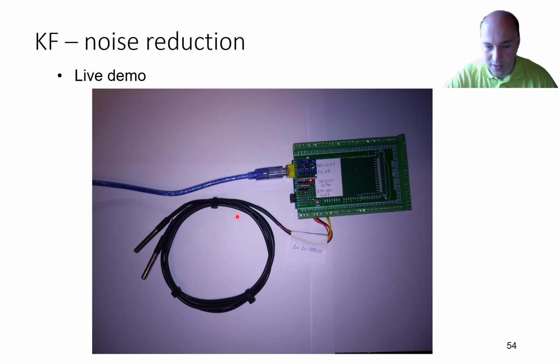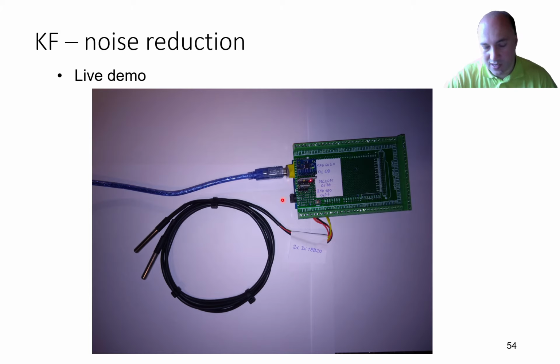So the way it works is that the board reads the temperature from those sensors through the bus where it's connected, and it sends the measured temperature every second through a serial line to a PC with MATLAB.